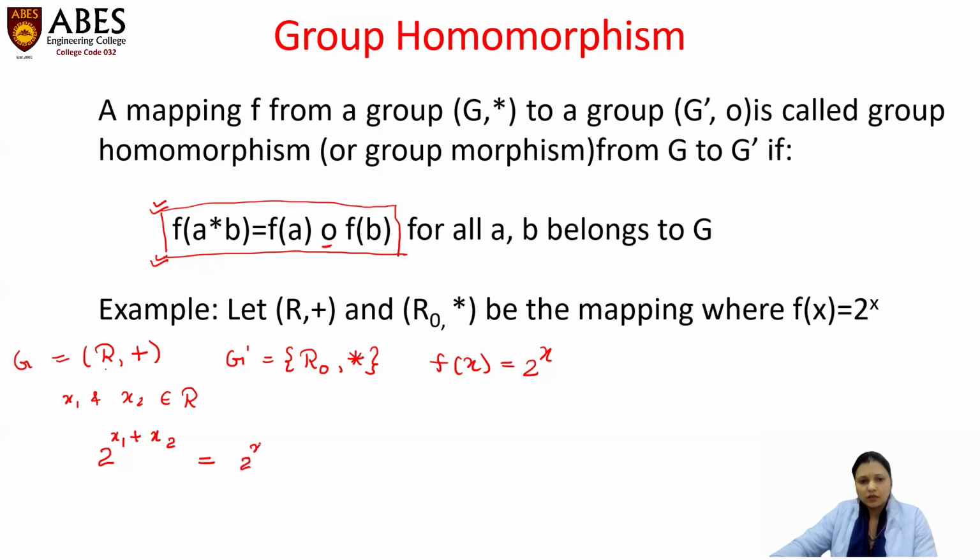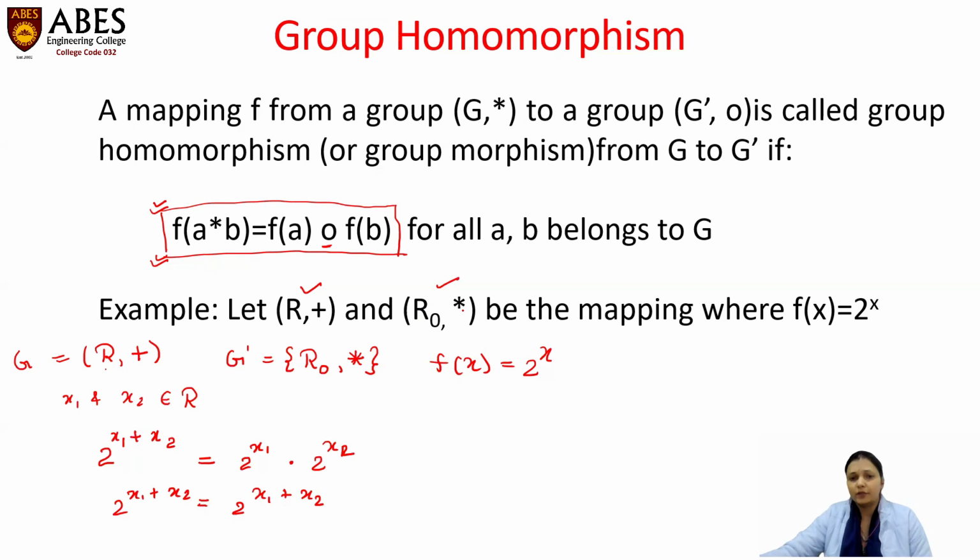So we will check whether this condition is satisfied or not. We know that we can write this as this, x2 as this. So RHS is equal to LHS, hence the condition of homomorphism is satisfied. So these two groups, a group of real numbers with addition and a group of non-zero real numbers with multiplication, are homomorphic groups.